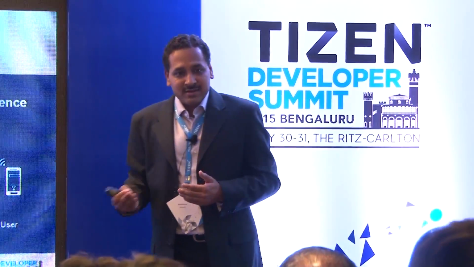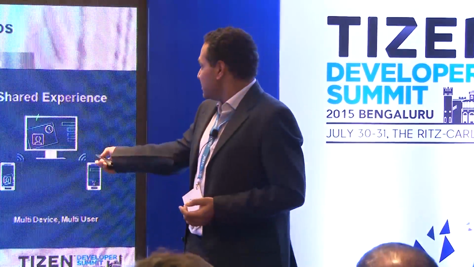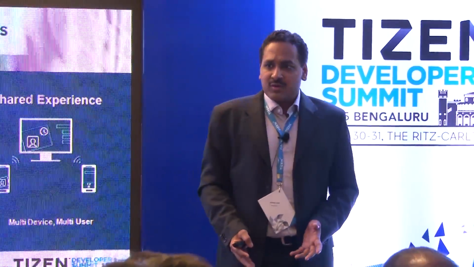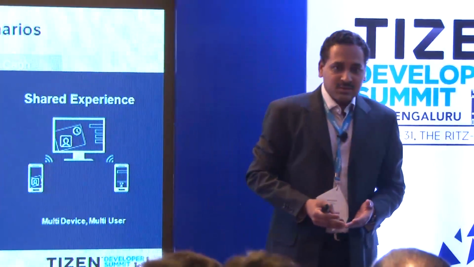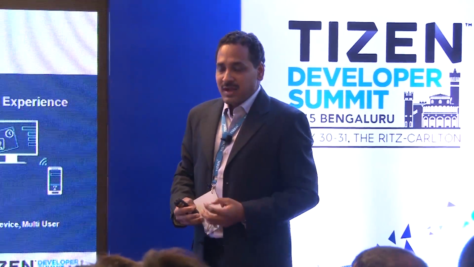The third category is the most happening category nowadays, that is a multi-user scenario where you have shared experiences. Shared experiences means, let us take an example of a multi-user game wherein the game is installed onto mobile phones and a TV. So each of the users has their own view, the mobile user and the TV user.